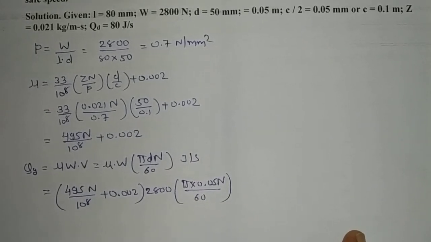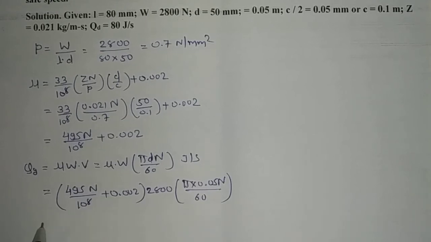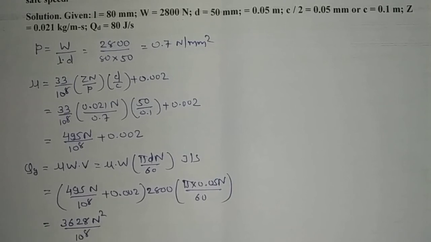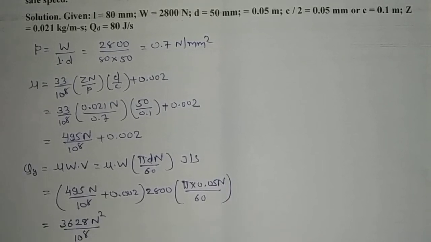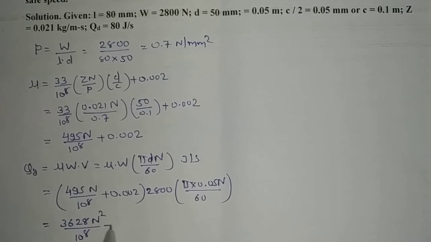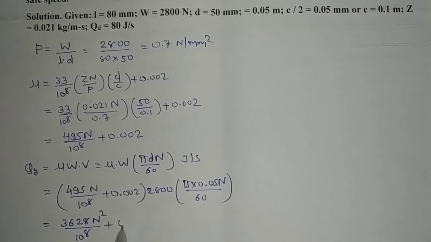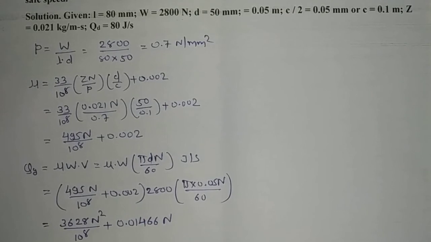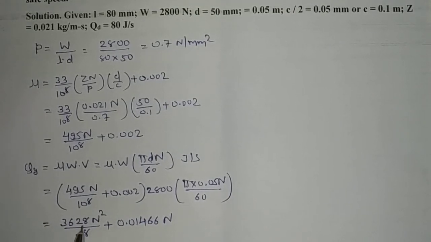So heat generated Qg is equal to 3628 N square divided by 10 raised to 8, and by simplifying this equation you will get 0.01466 N. So Qg is equal to 3628 N square upon 10 raised to 8 plus 0.01466 N.